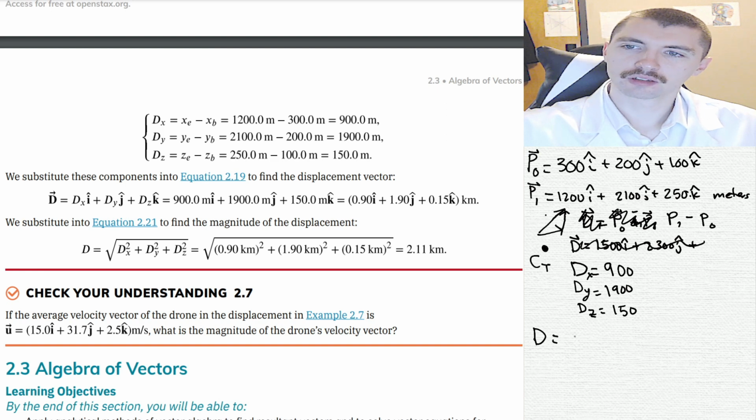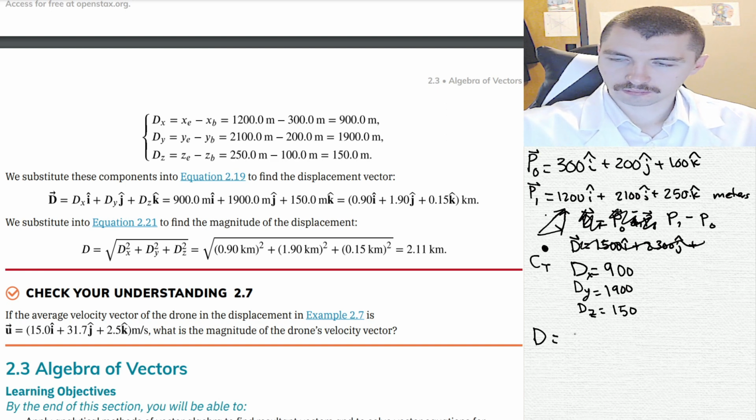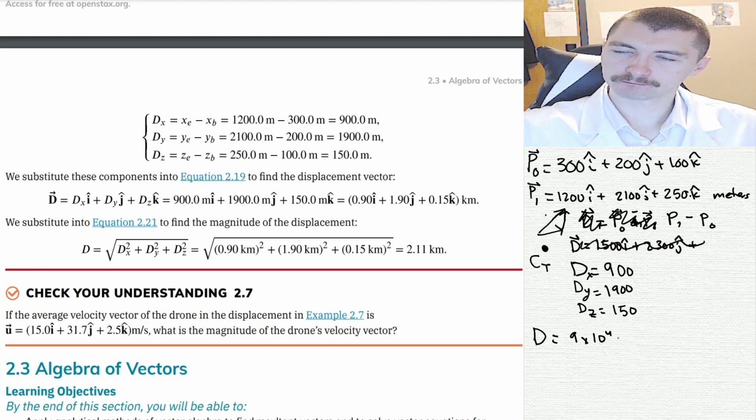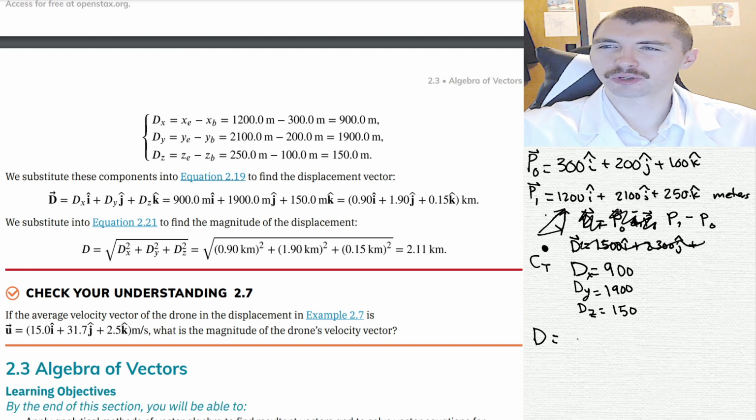So we have 9 times 10 to the 2, 10 to the 4. I don't know if we could do that, because wouldn't we have to square the 9 as well? I think we would have to.